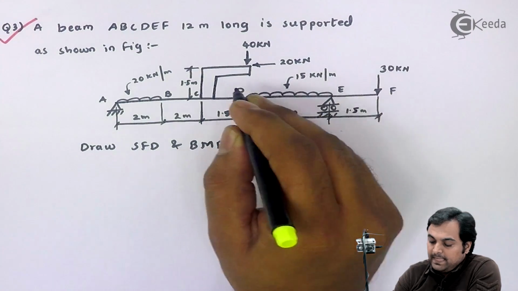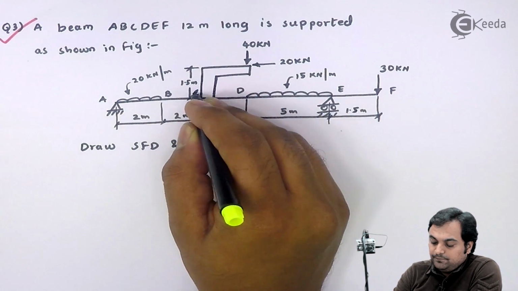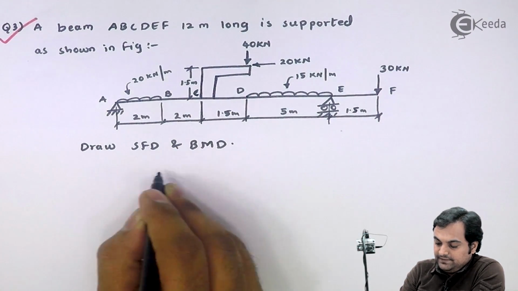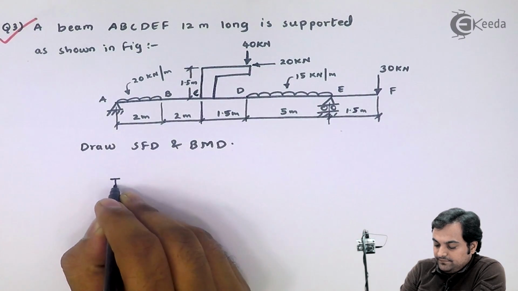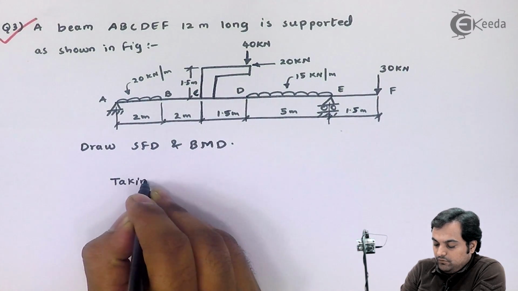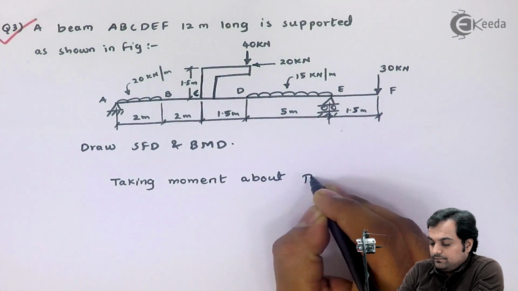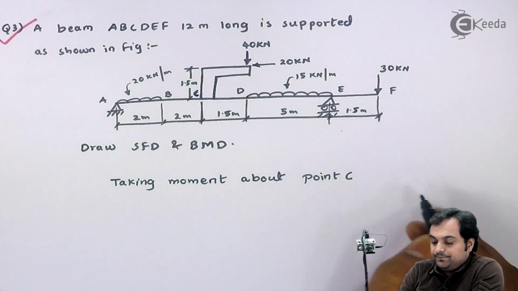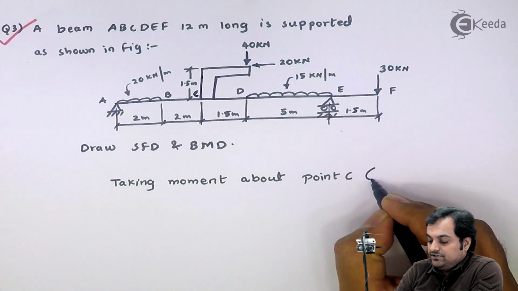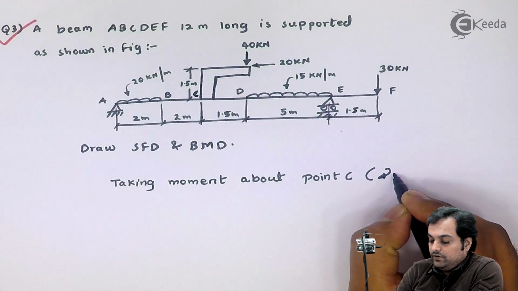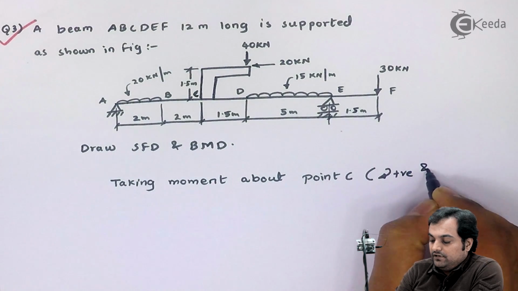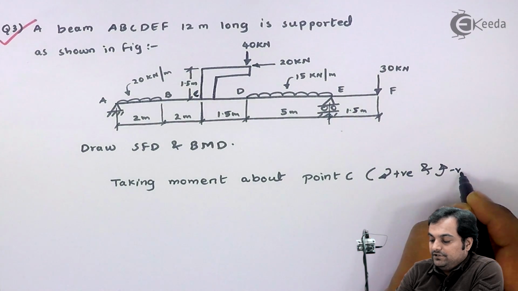For that I would be taking moment about point C. Here my convention will be clockwise moment positive and anti-clockwise moment negative.